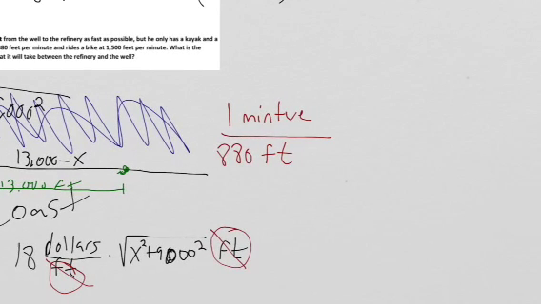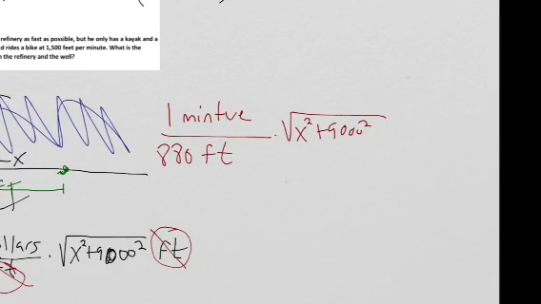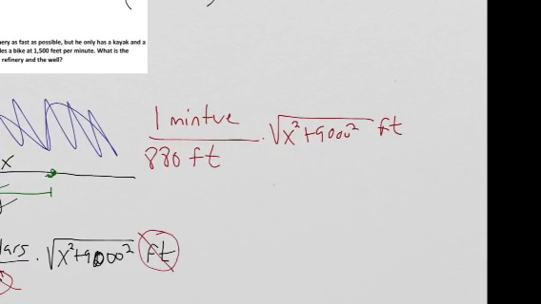We're going to multiply that by the square root of x squared plus 9,000 squared, which is feet. Plus, in 1 minute, he travels 1,500 feet. And we're going to multiply that by our 13,000 minus x.